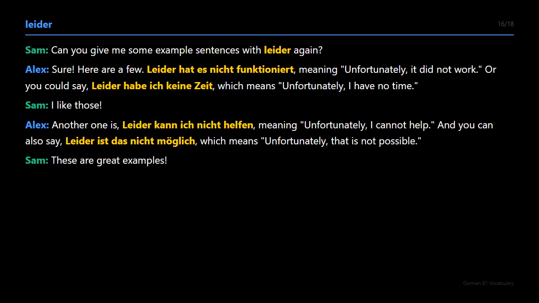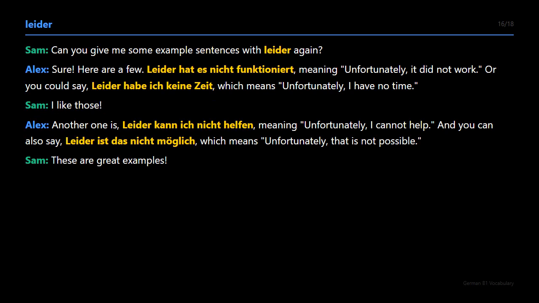I like those. Another one is, "Leider kann ich nicht helfen," meaning "unfortunately, I cannot help." And you can also say, "Leider ist das nicht möglich," which means "unfortunately, that is not possible."